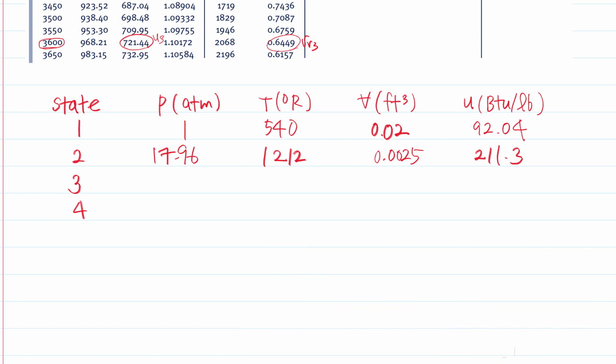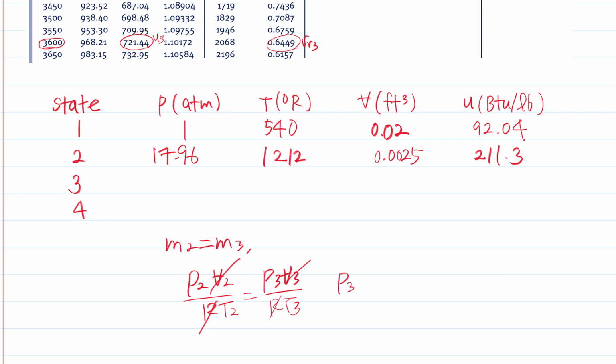We can also determine P3 with the ideal gas law. During process 2-3, mass remains constant, and process 2-3 is a constant volume process. So V2 equals V3, and R cancels out.